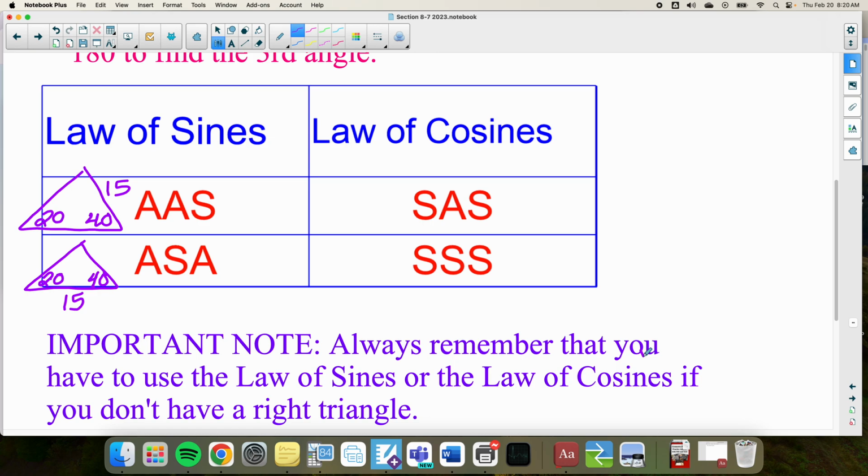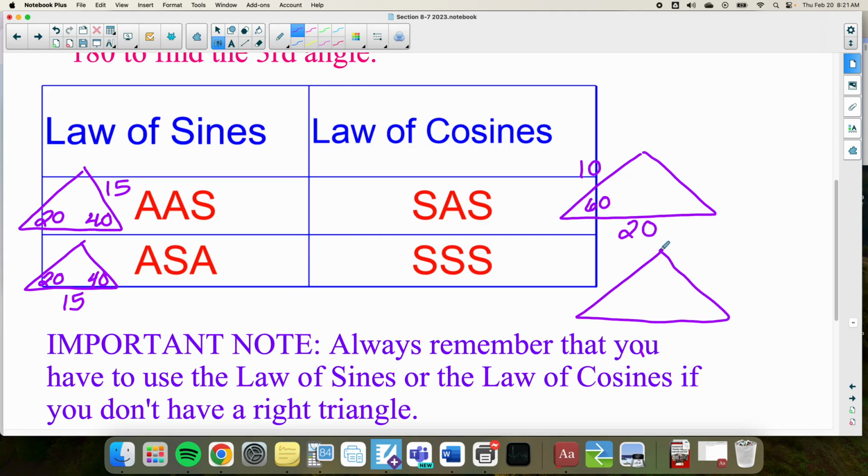But where law of cosines works is if you know, like this is 10, this might be a 60-degree angle, and this is 20, where you have a side angle side situation, or if you know the three sides of a triangle, and that would be like 5, 8, and 9, something like that, where you have side, side, side, okay?